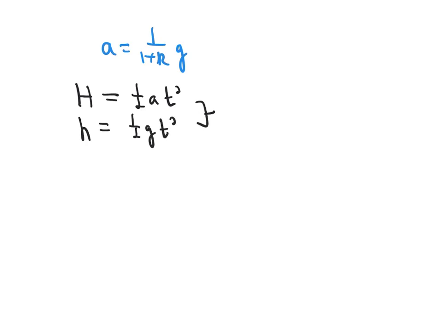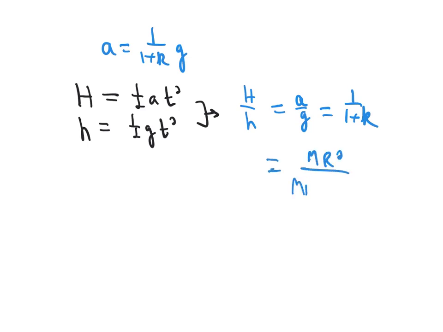And so the thing that we want, which is h over H, equals, and we can see that the halves cancel out and the t's cancel out, and we just get A over g, or 1 over 1 plus k. So we get a nice simple result. As a reminder, this would be something like mR squared over mR squared plus the actual rotational inertia.